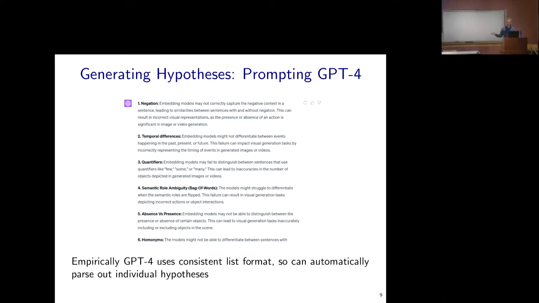Okay, so now we have these hypotheses. That was step 2, generate a hypothesis. How could I formalize this hypothesis? How could I tell if this negation hypothesis is actually true, or how could I quantitatively measure the extent to which it is true? This is an exercise for the class.